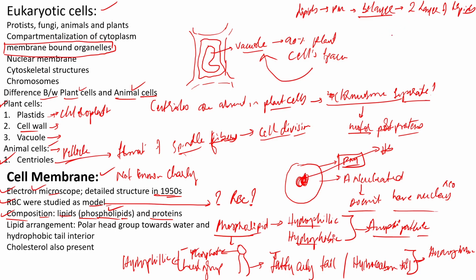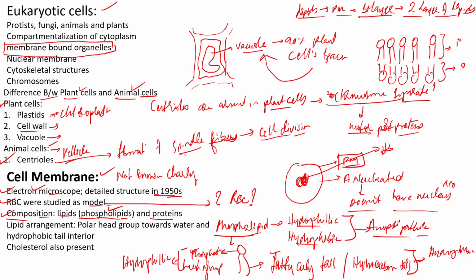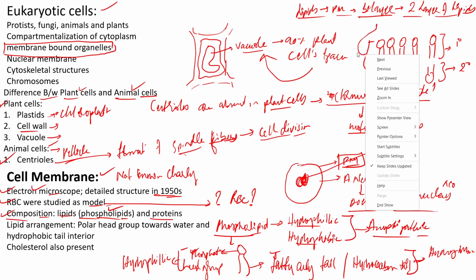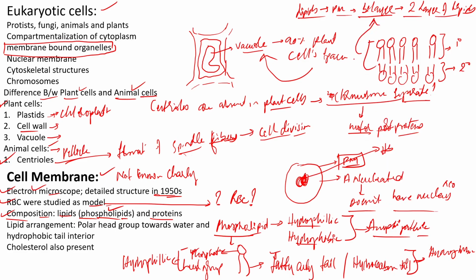If we have to draw this diagrammatically, we can draw the lipid bilayer in this manner. This is one layer of lipids, and similarly we can draw another in this fashion. This makes a second layer.